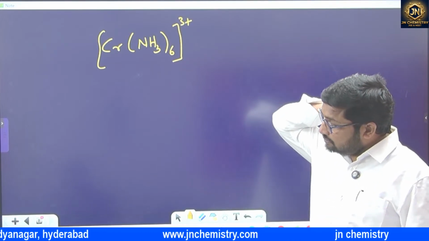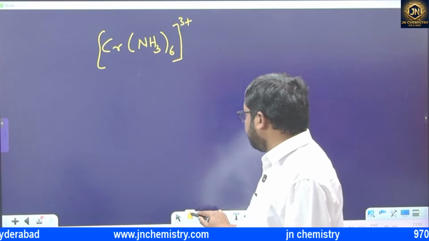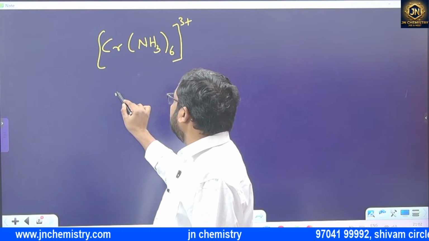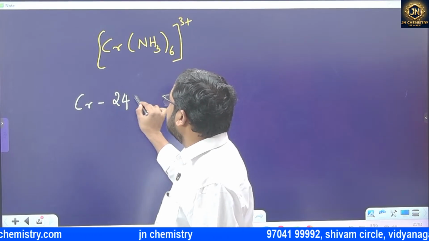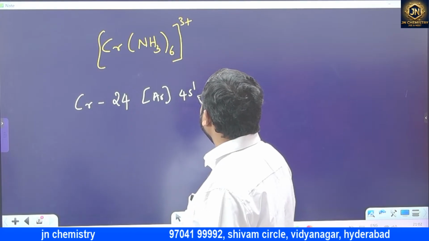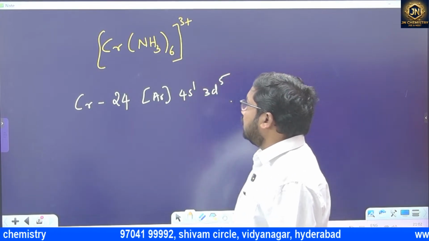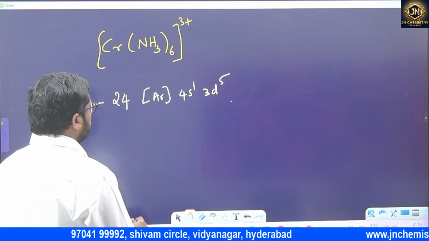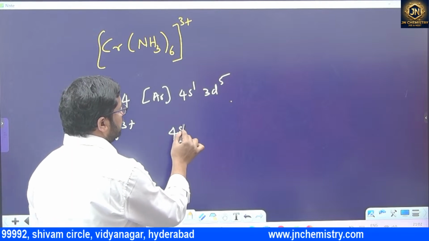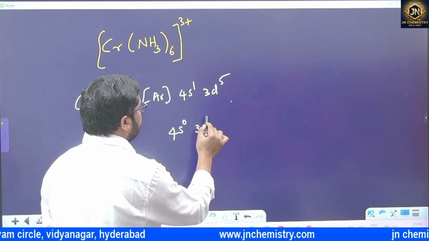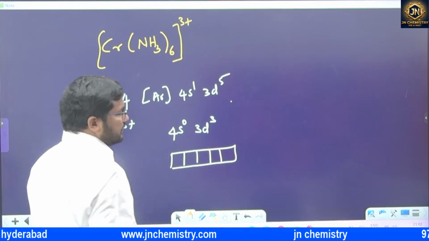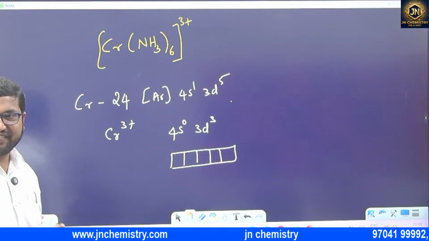Done. Hello, don't take time, do it fast. Chromium, what is the atomic number? 24. Argon 4s1 3d5. Cr3+ means what? 4s0 3d3. Imagine whenever 3 electrons are there, whether it is from a strong or weak field, it doesn't matter, right?